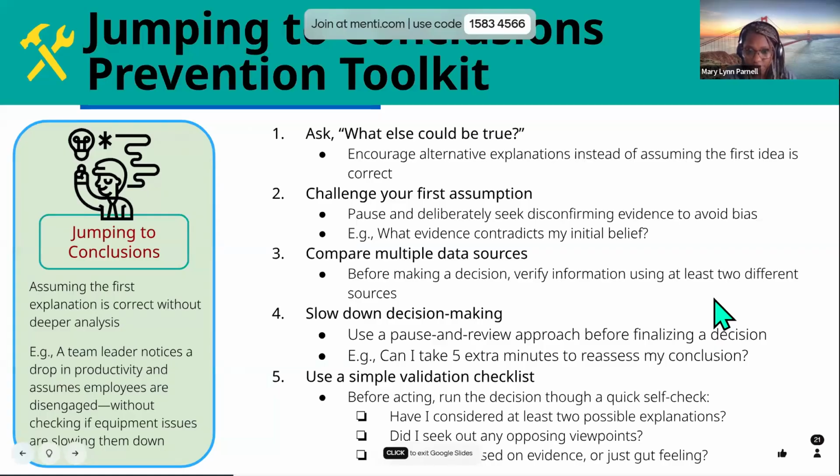And so, the simple checklist you can run through before acting would be: have you considered at least two possible explanations? Did you seek out any opposing viewpoint? And are you acting based on evidence or just gut feeling? Knowing yourself and how you make decisions, whether you're a gut person, a mind person, a feeling person, how are we making decisions?